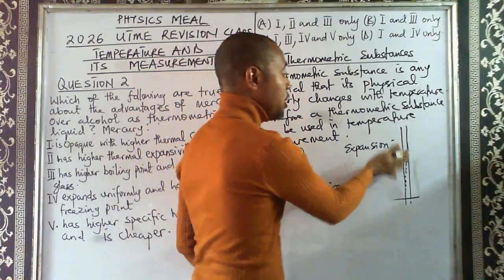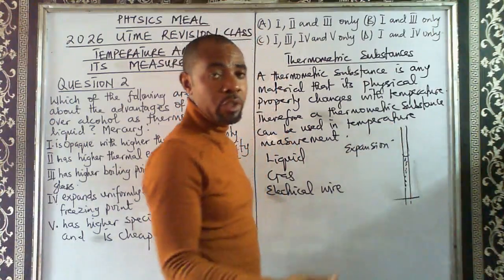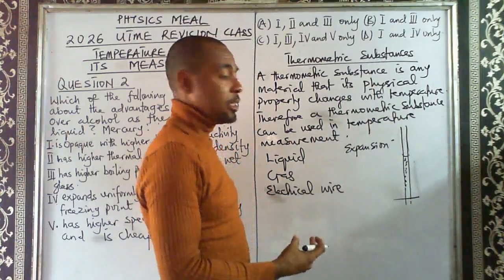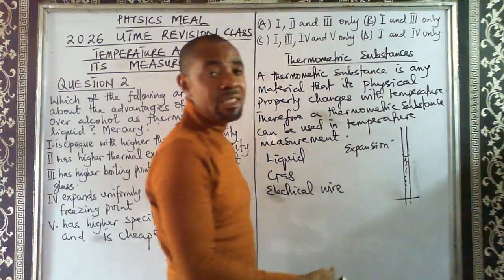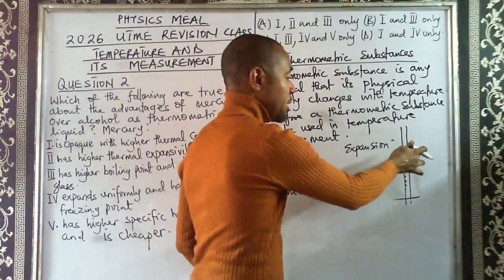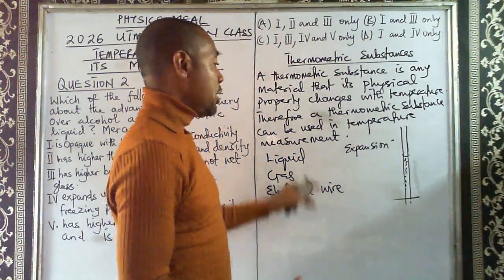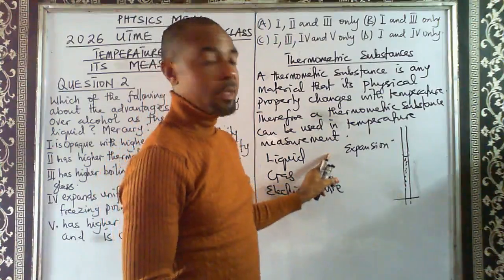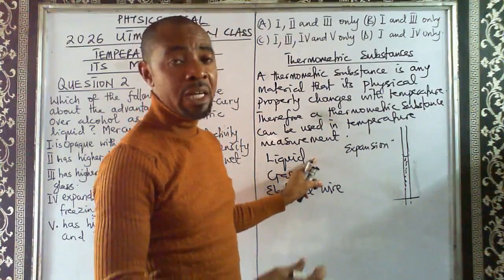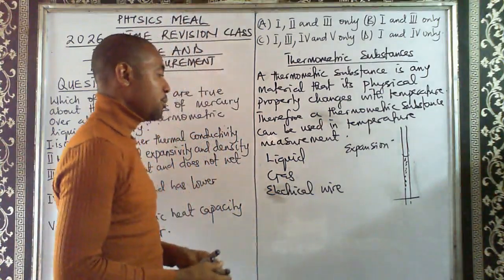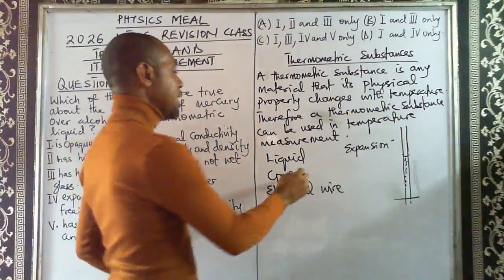If you begin to withdraw heat, in other words you are decreasing the temperature, the length of the liquid will begin to drop. So liquid in glass thermometers use liquid as the thermometric substance.